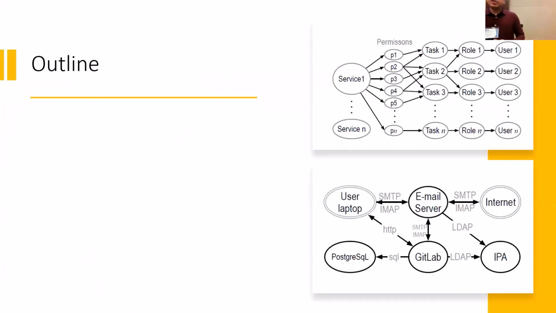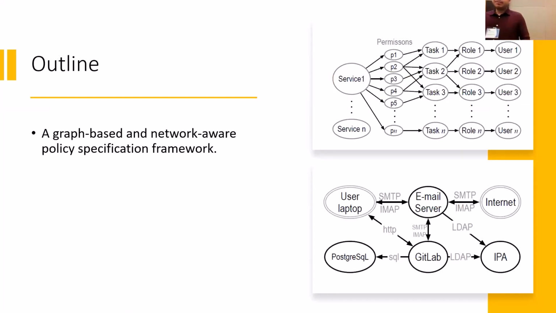In a nutshell, we propose and implement a network-aware policy specification framework that captures realistic network policies using patterns, which we are going to talk about, and represents them in graphs. This specification becomes an input to a policy generator that traverses the policies and compiles different sets of rules, which are finally deployed on the network.